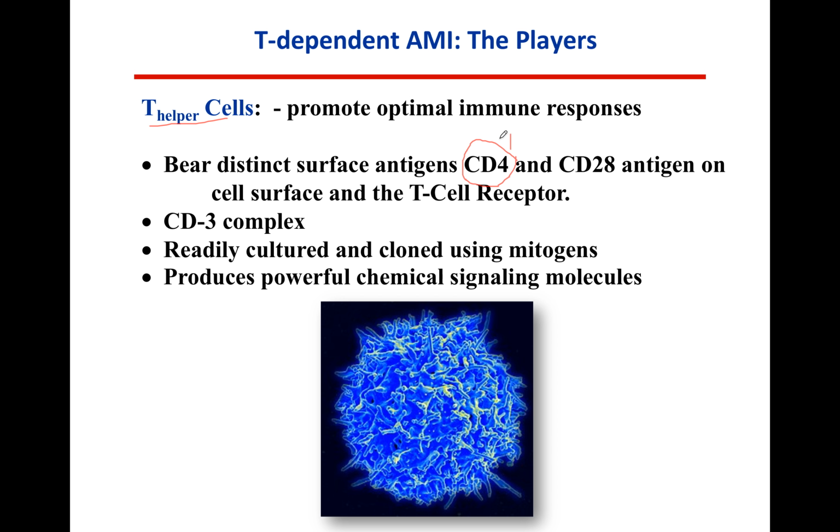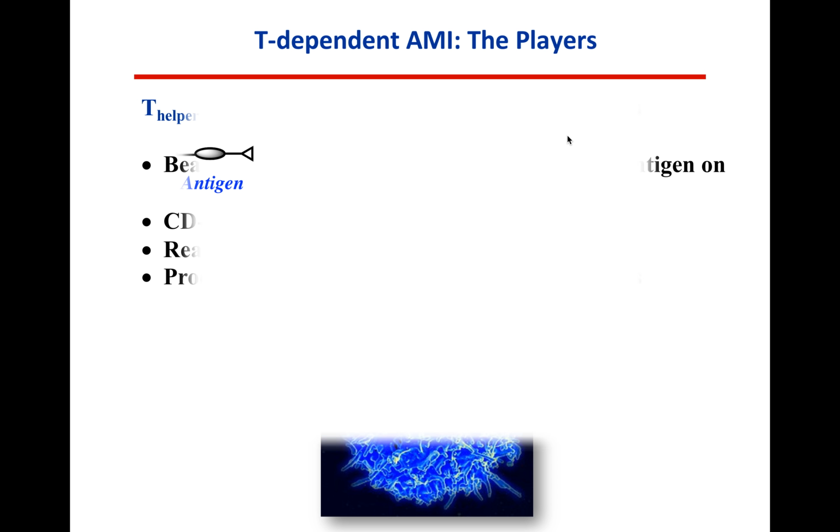So these are CD4 positive T cells, and you'll have more to see about that in a couple slides. There are different types of T cells, as we're going to find out, and the first type of T cell that we're going to focus on are these CD4 positive cells.